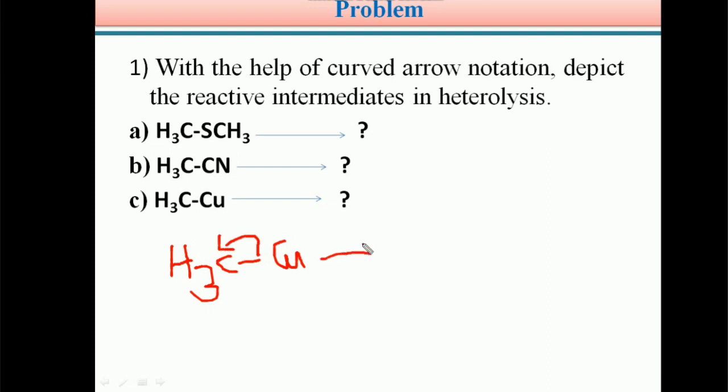So the heterolysis takes place in this way to form a methyl carbanion CH3 minus and a Cu plus, copper 1 plus ion. The CH3 minus anion, methyl carbanion, is formed as a reaction intermediate. So students, generally the heterolysis in a molecule happens in this manner.